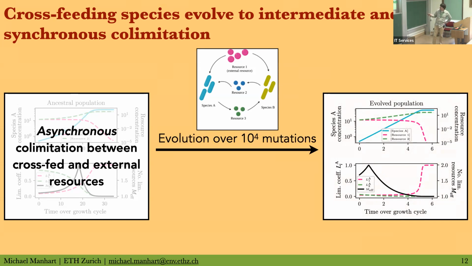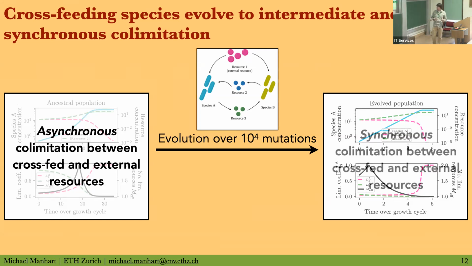Instead of having this very strong limitation for the cross-fed resource at the beginning, you have pretty much equal limitation for both resources, cross-fed and external, at the beginning of the growth cycle. And that leads to a very high level of co-limitation right there at the beginning. So you still have high co-limitation, but instead of being asynchronous at different times, now the co-limitation is synchronous. It's happening at the same time during growth.